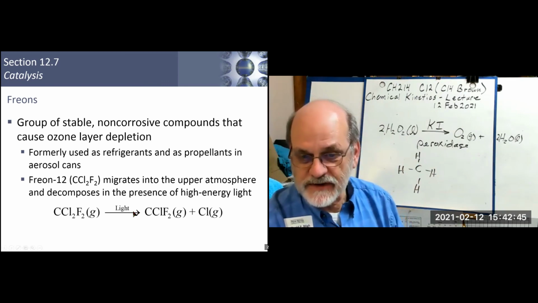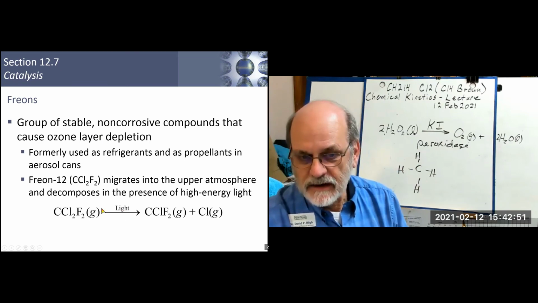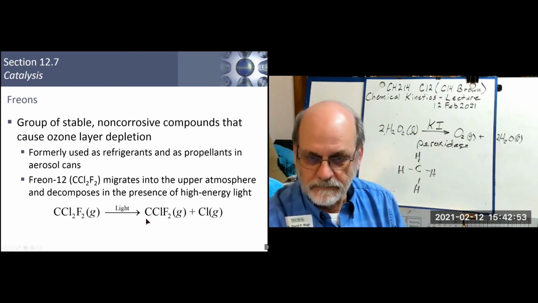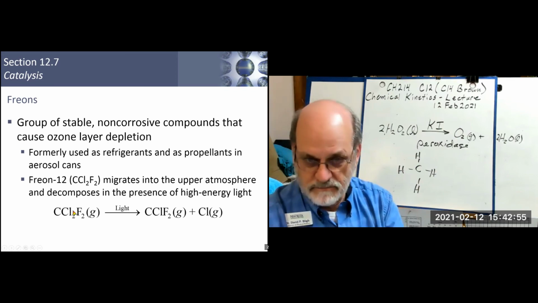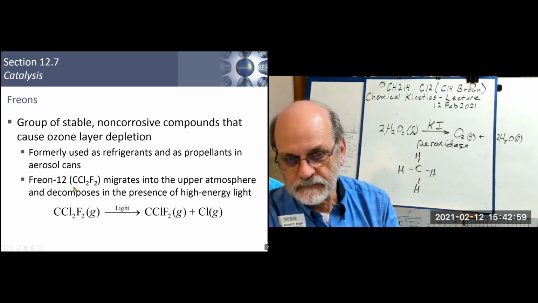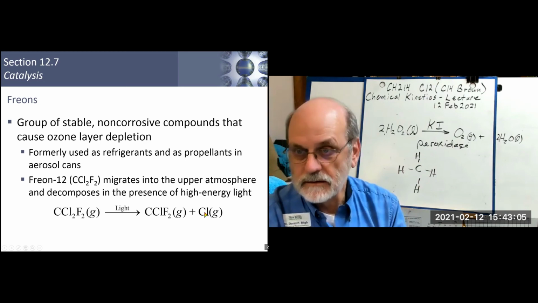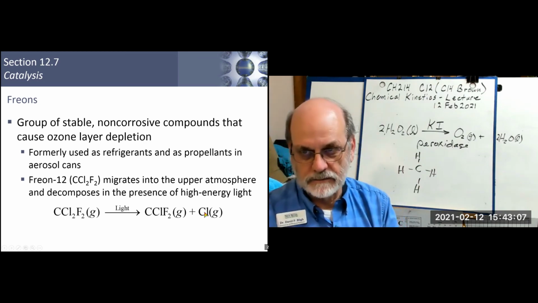And what happens is, in the upper atmosphere, the UV light causes a decomposition of this, in this case, this particular molecule, Freon 12, and produces a free radical, chlorine atom. Okay.